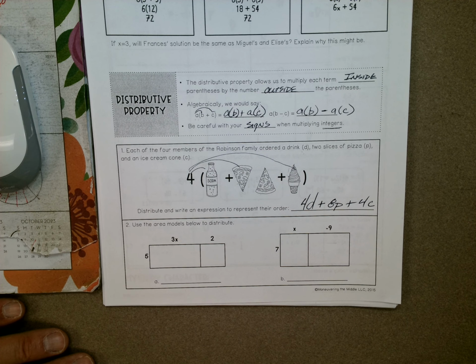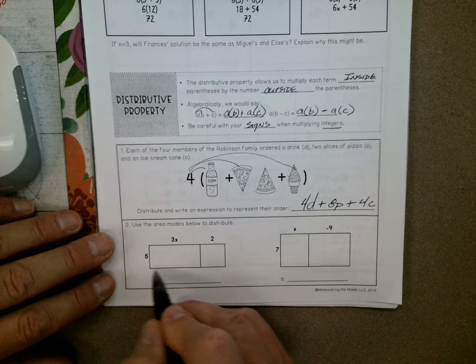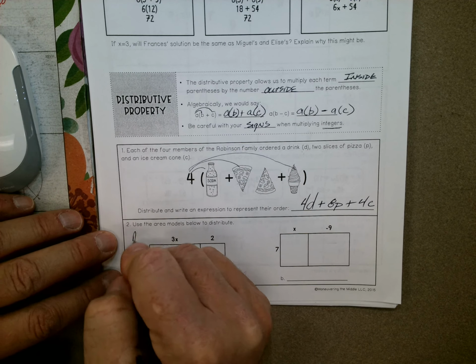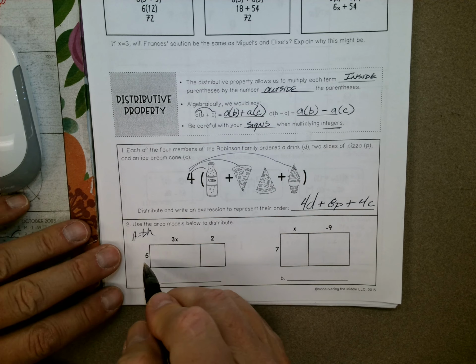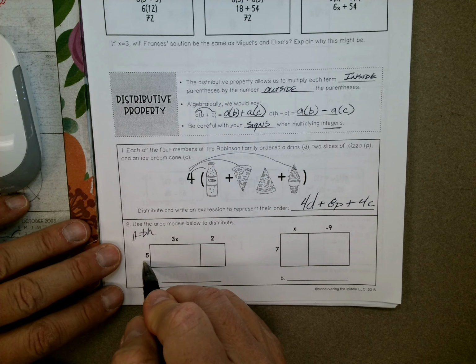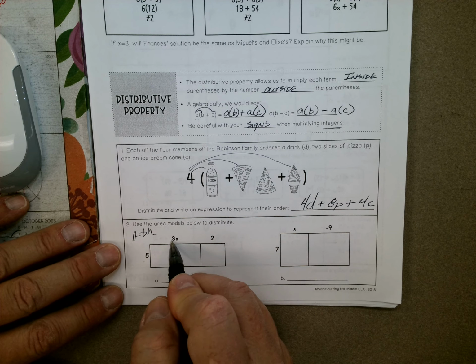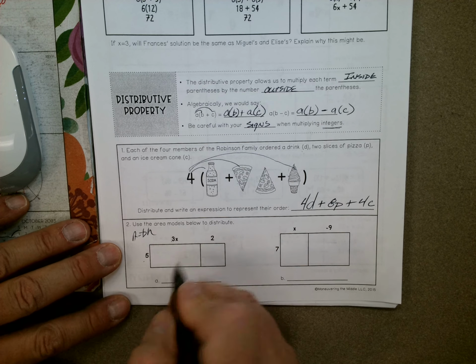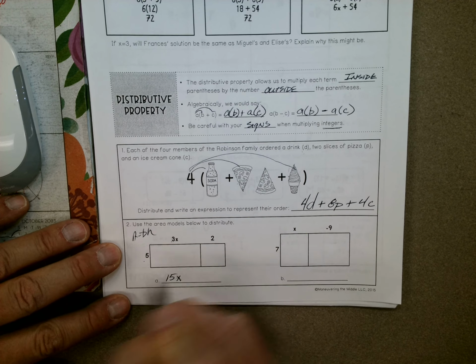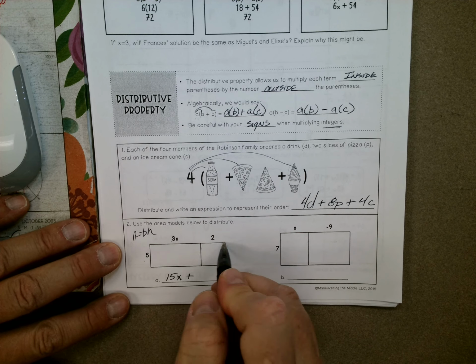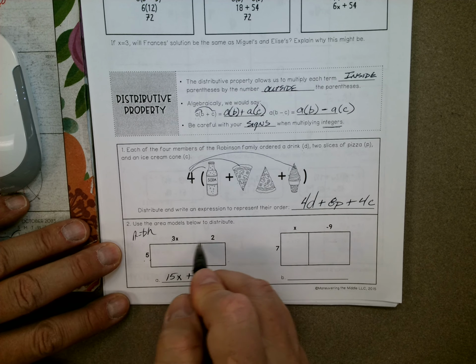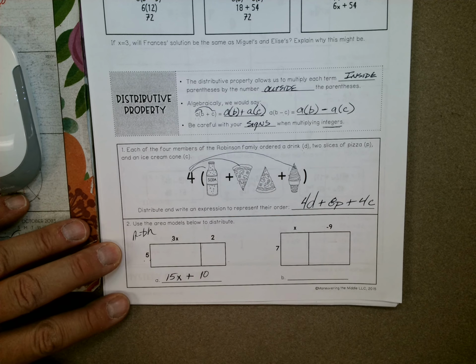Okay, so if we want the area of a rectangle, its area is base times height, right? So we would say 5 times 3, right, is 15x plus, if we want the area of this piece right here, it would be 5 times 2, which is 10.